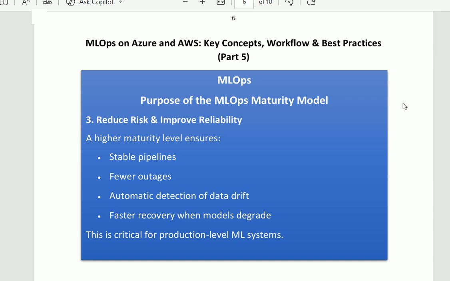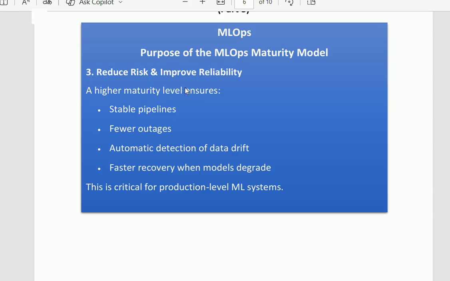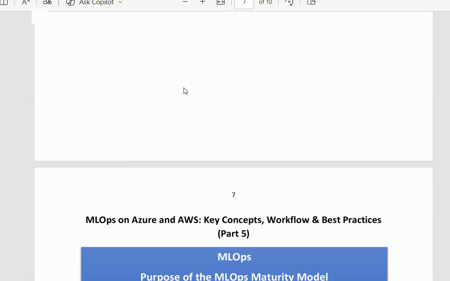Higher maturity levels ensure stable pipelines, fewer outages, automatic detection of data drift, and fast recovery when models degrade. This is critical for production-level ML systems.